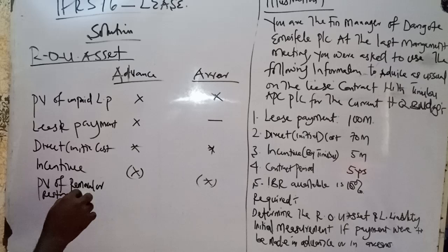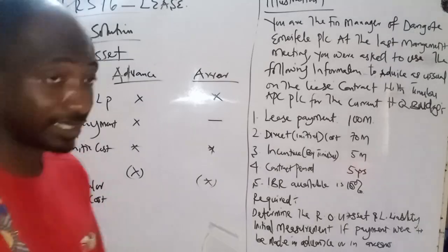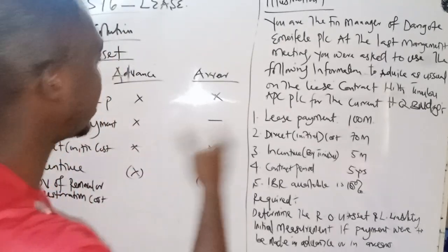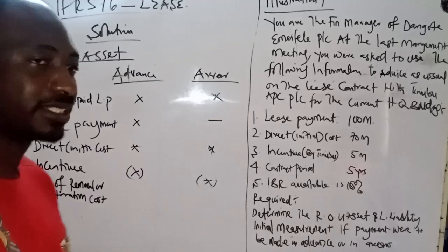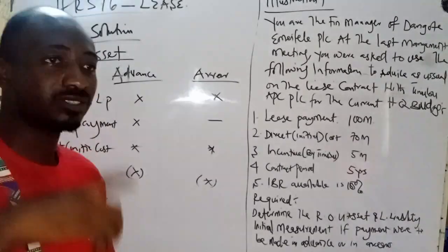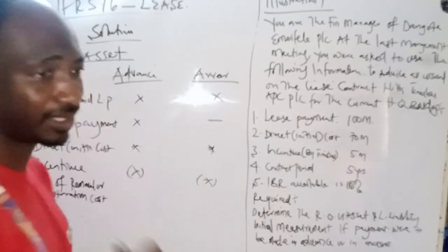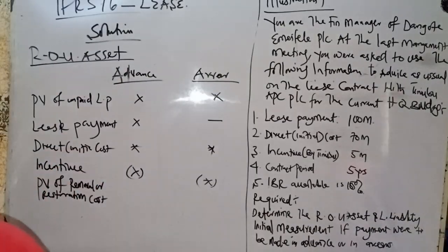That is, if you're anticipating that the underlying asset under consideration is going to be restored back to the initial state, the cost that you will spend when it expires is what we are going to give consideration to.